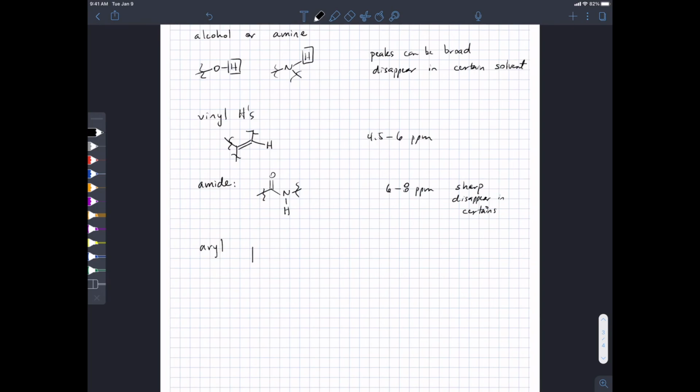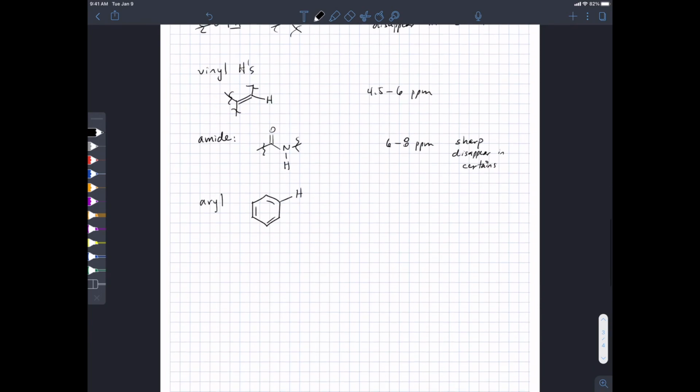Benzene ring protons, we'll call those aryl protons because they are arenes, they are aromatic conjugated alkenes, show up in the 7 to 8 area of the spectrum for reasons that we talked about.